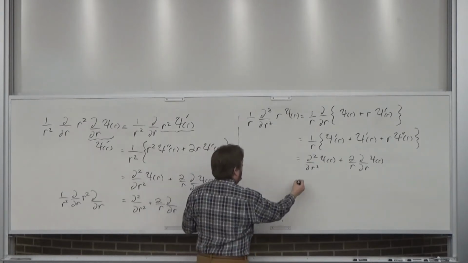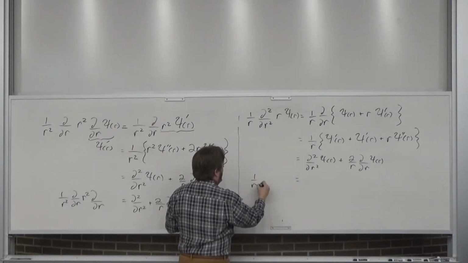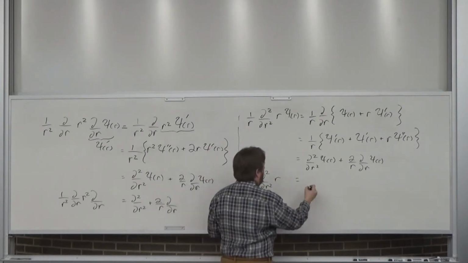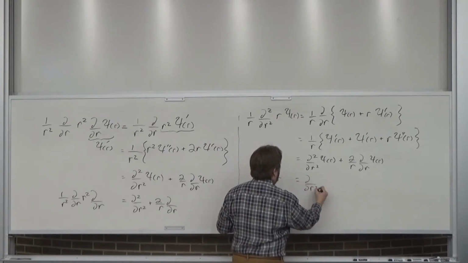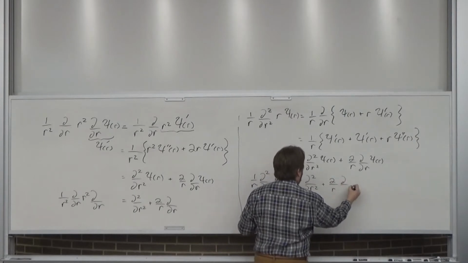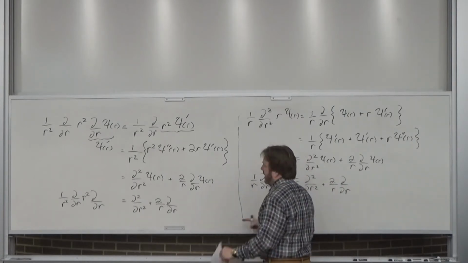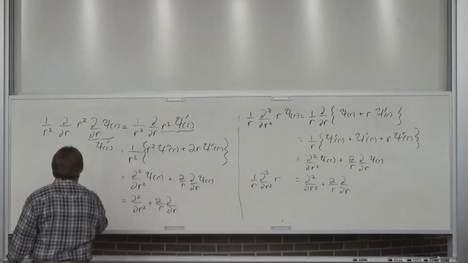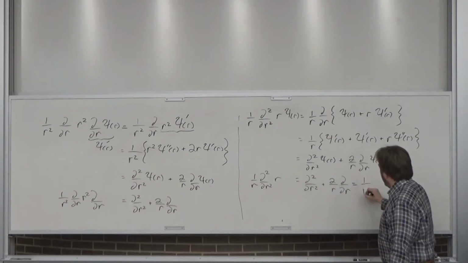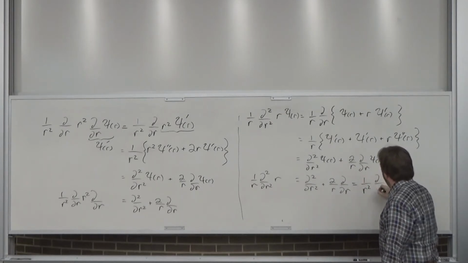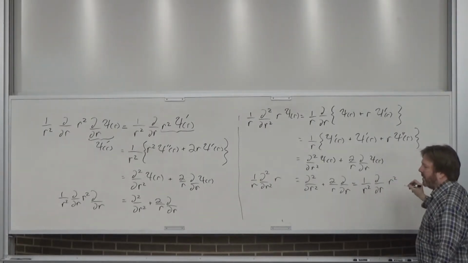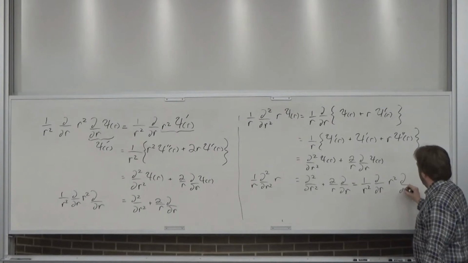And now, in terms of an operator, let me put down what I was dealing with to begin with, which is nice and simple, and point out that it is equal to the double derivative plus 2 over r times a single derivative, which is exactly the same thing as this, which is exactly the same thing as, again, what you get when you are doing the transformation from Cartesian to spherical coordinates.